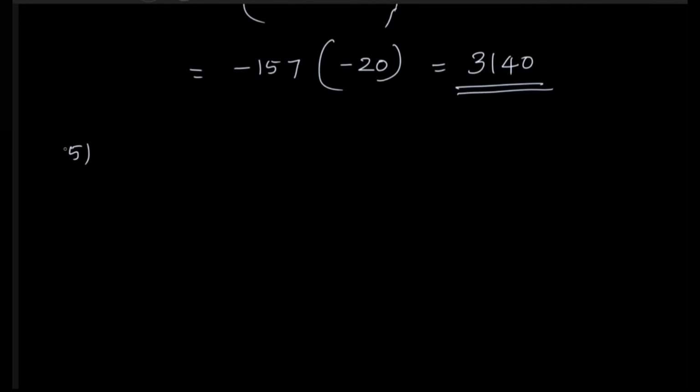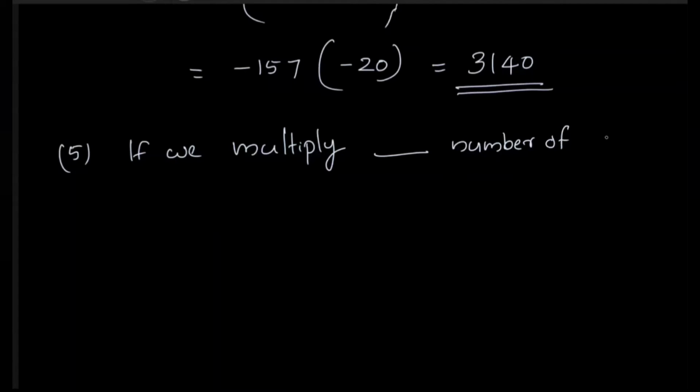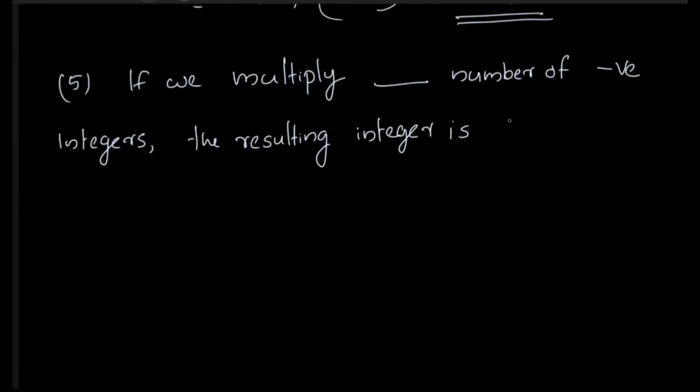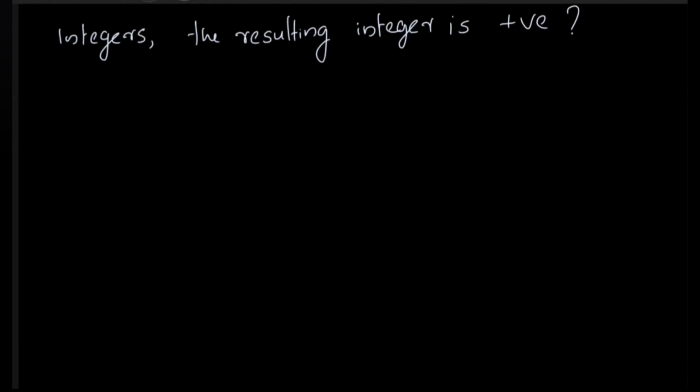Next is our fifth question. If we multiply an even number of negative integers, the result is positive.